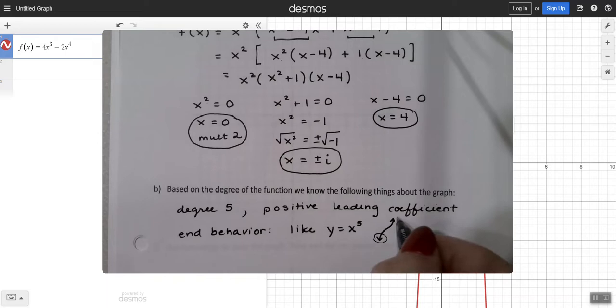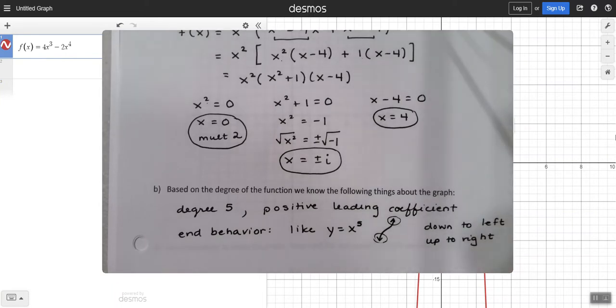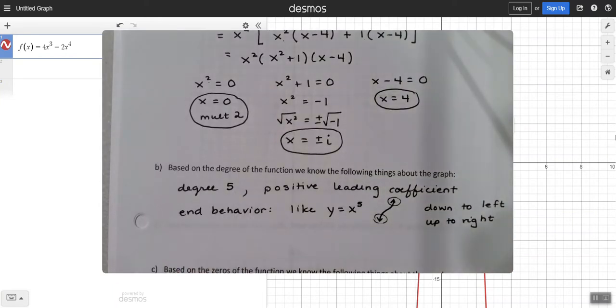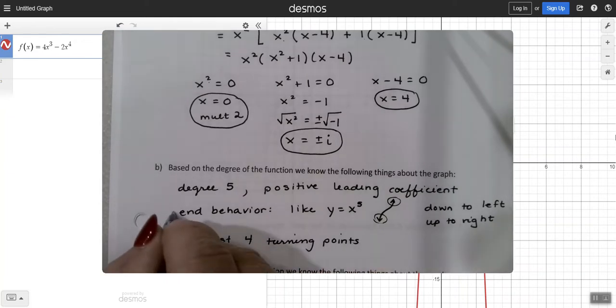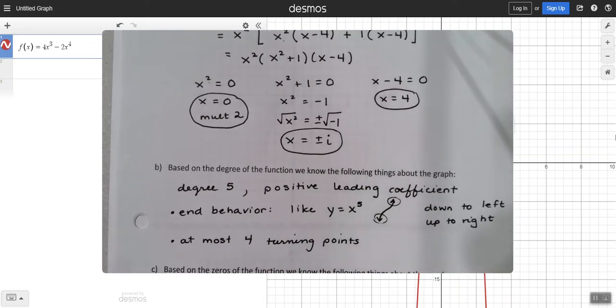It'll be down to the left and up to the right. One less than the 5, so at most 4 turning points. So again, 2 basic things you can predict based on the degree. What will the end behavior look like, and the maximum number of turning points.